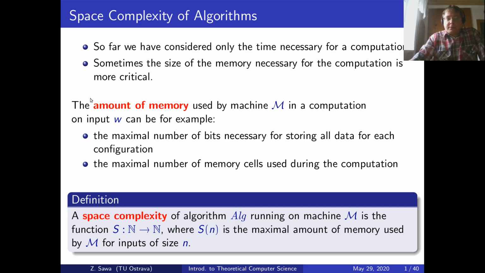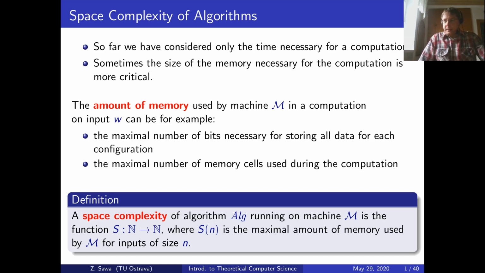The first question is what should be the units in which we should measure the size of used memory. One possibility would be to consider, for example, the number of bits we need to represent configurations during a computation, or another possibility would be to consider some kinds of memory cells if the memory was organized this way, where each memory cell could contain, for example, one integer or one pointer to memory and so on.